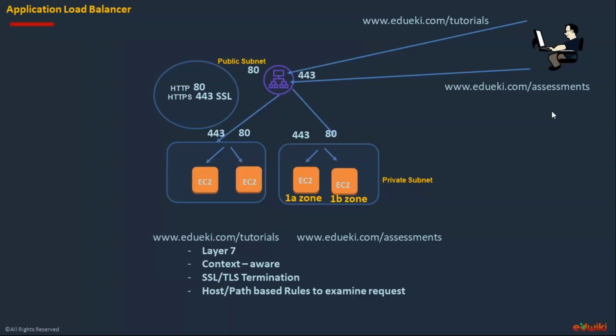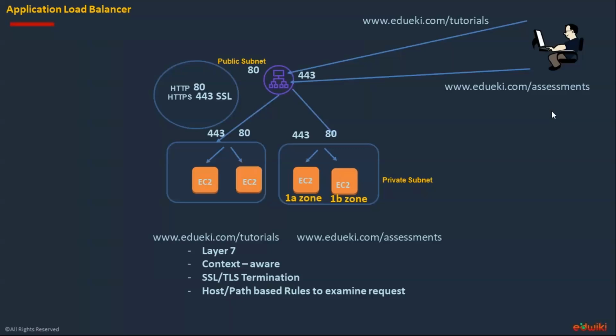It listens on 80 and 443 only, guys. It won't work on any other port number. Being said that, your application load balancer will not act as a NAT. NAT has its own purpose. Application load balancer has its own purpose.